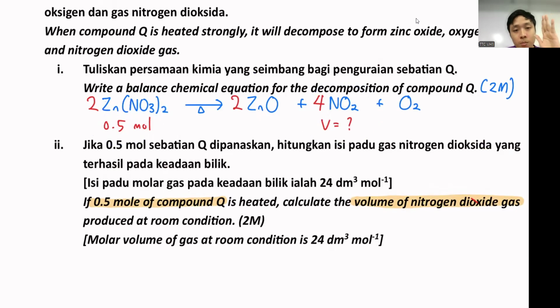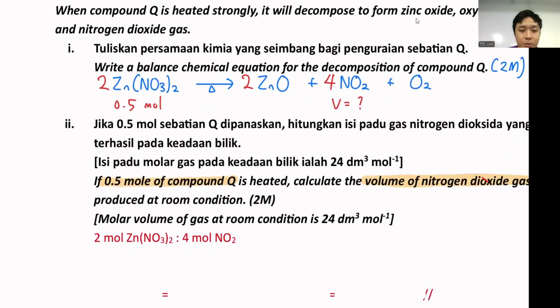If you already got the first step done, then the second step is to always do the mole ratio. Mole ratio is from the equation: 2 zinc nitrate to 4 nitrogen dioxide gas. 2 to 4.